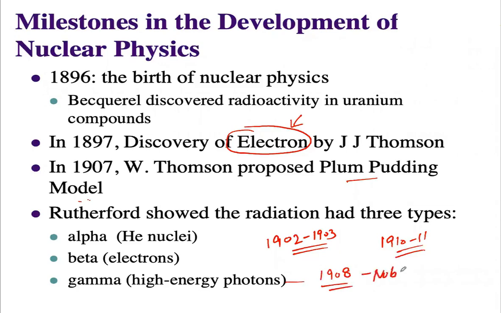And you will be surprised to know that Rutherford did his major research work after getting the Nobel Prize, because his theory of alpha scattering came in 1911, but he already got the Nobel Prize in 1908.